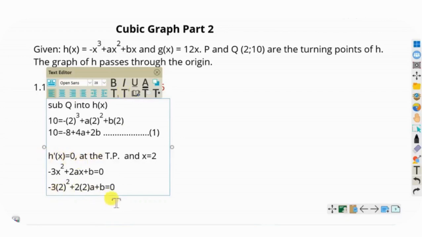Okay, so I will simplify this. When I simplify this, it becomes negative 12 plus 4a plus b equals 0. All right.